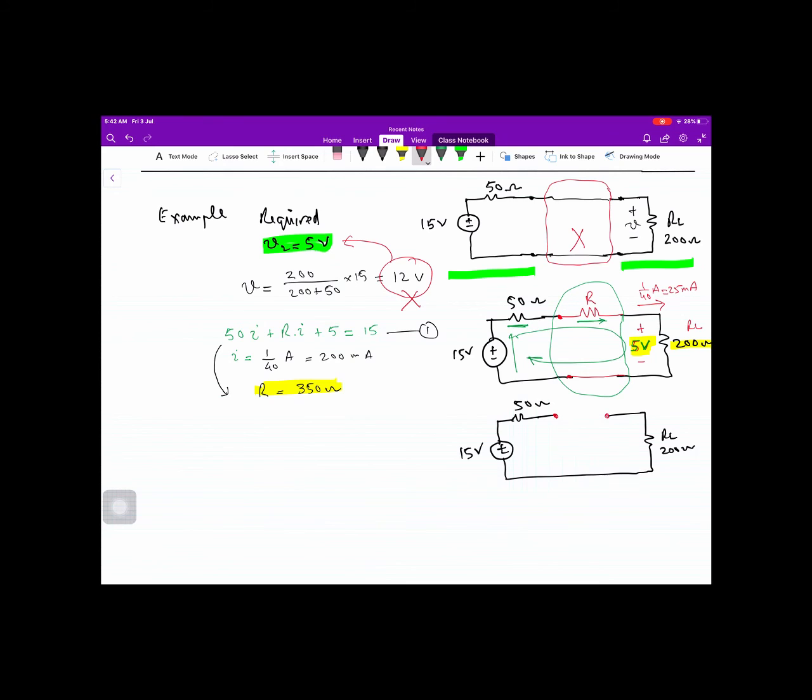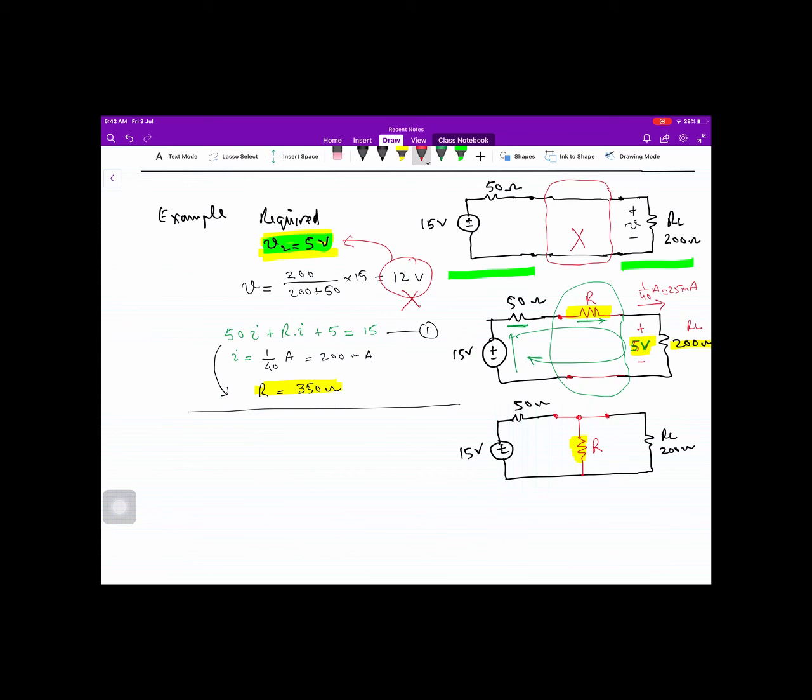Now we think of a parallel resistance over here, and we find what should be this R to meet the required condition. Again, note that we have only one required condition. To meet one condition, usually we need one variable, and either it is a series resistance interface or a parallel interface with parallel resistance.